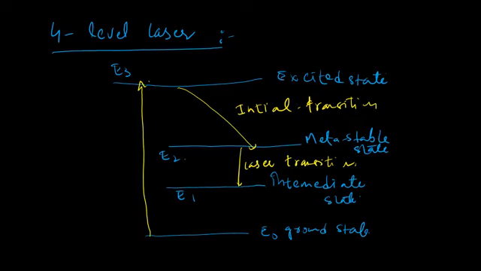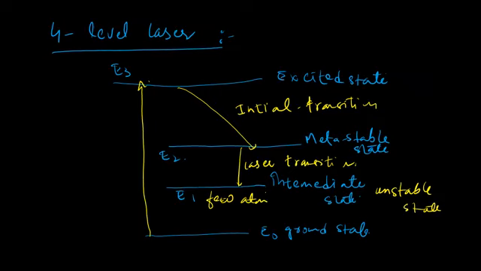In the intermediate state we have only a few atoms, because this is a highly unstable state and it rapidly decays into the ground state. So there are only very few atoms in the intermediate state.